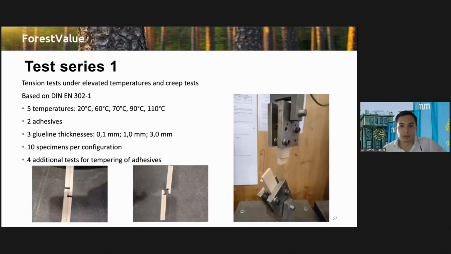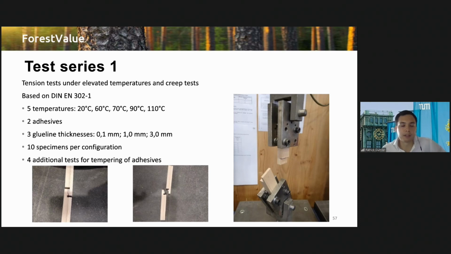For test series 1, there were two different setups, like what they did in Stuttgart. First of all, the tension test under elevated temperatures. There the specimens were heated to different temperature levels, in our case from 20 to 110 degrees, and afterwards tested with a mechanical tension load until failure.